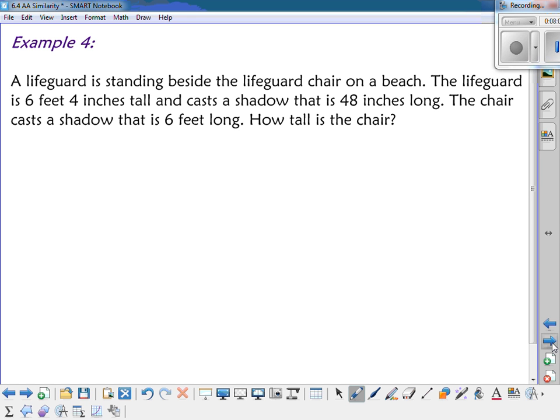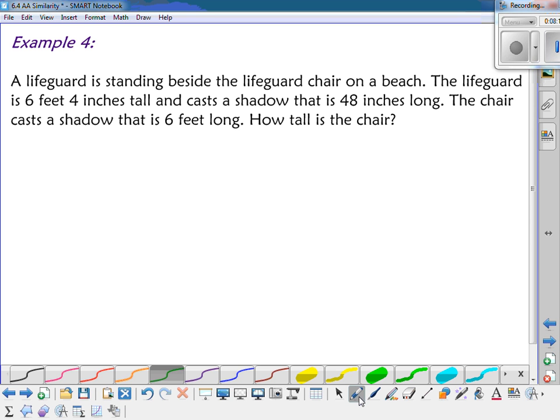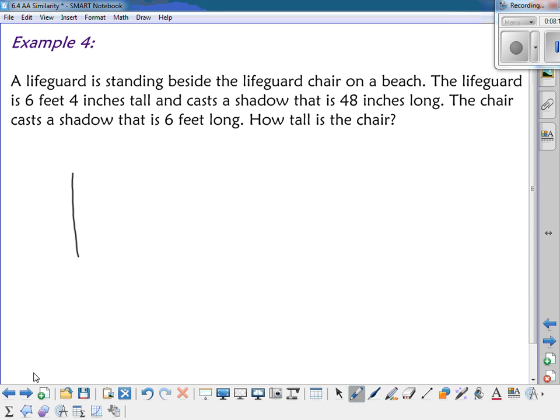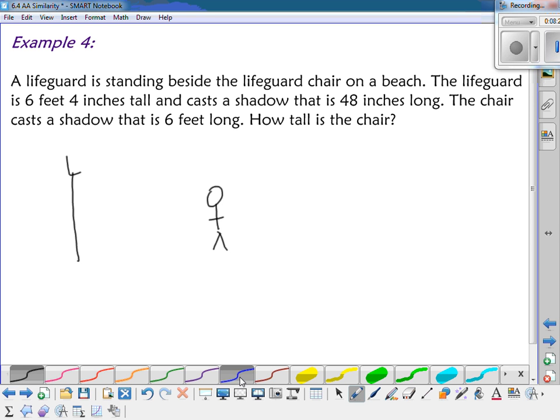All right, looking at example 4, I can use similar triangles to solve real-life problems. In this case, we've got a lifeguard standing beside a lifeguard chair on the beach. So here's my chair on the beach, and here's my lifeguard. And the lifeguard is 6'4" tall.